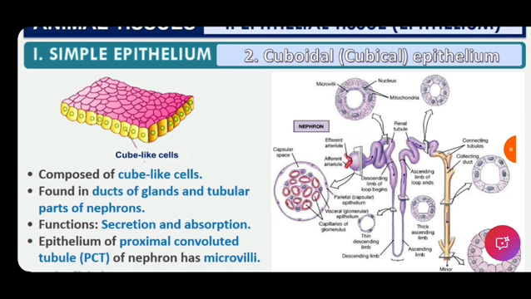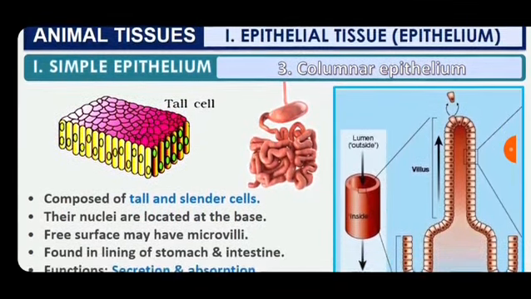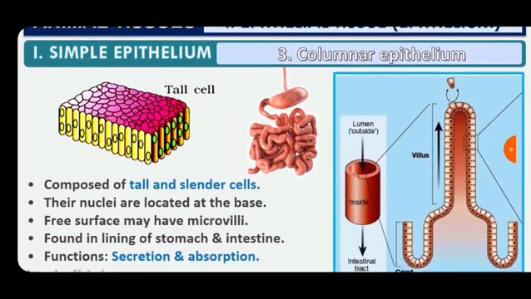It is located on the inner side of the nephron, the proximal convoluted tubule, and has microvilli. Columnar epithelial tissue shows a structure like columns.